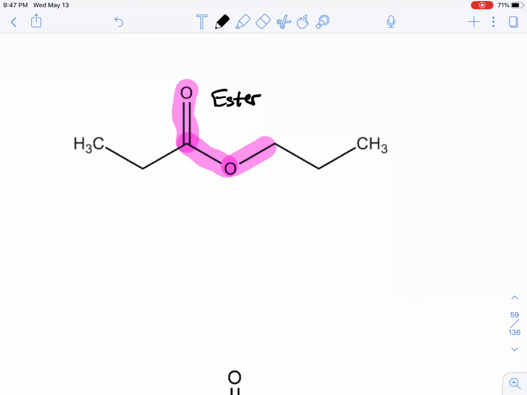And so thinking back at how to name esters, I'm going to cut a line between the ester oxygen and the carbonyl group. Anything to the right of this specific oxygen, the ester oxygen, is going to be my substituent. And so let me just erase this real quick.